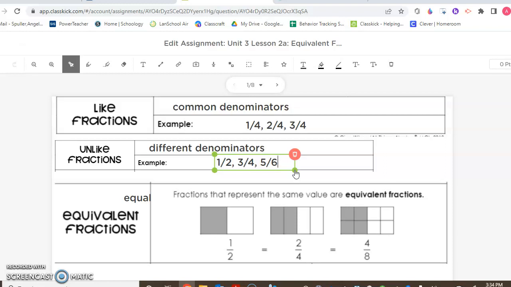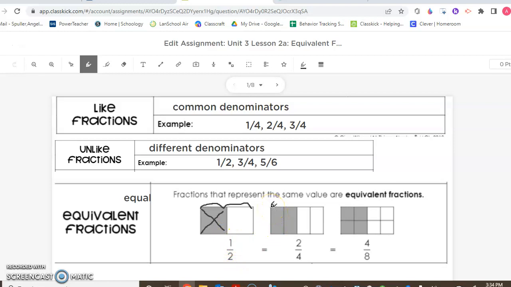All right. Now, looking at equivalent, fractions that represent the same value are called equivalent fractions. Now, I want you to look at this first little thing. I like to think of them like a candy bar, okay? So this is our candy bar here. And right here, we have half of this candy bar left, okay? It was cut into one piece, two pieces, which is why there's two and there's one left over. Now look at the second one.